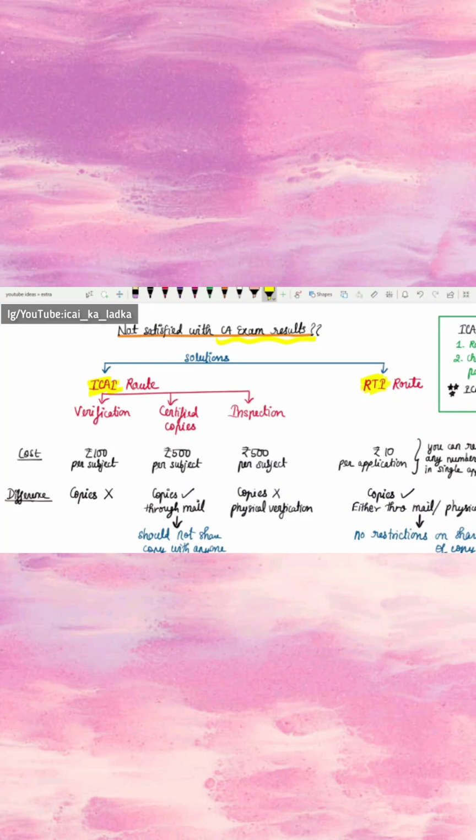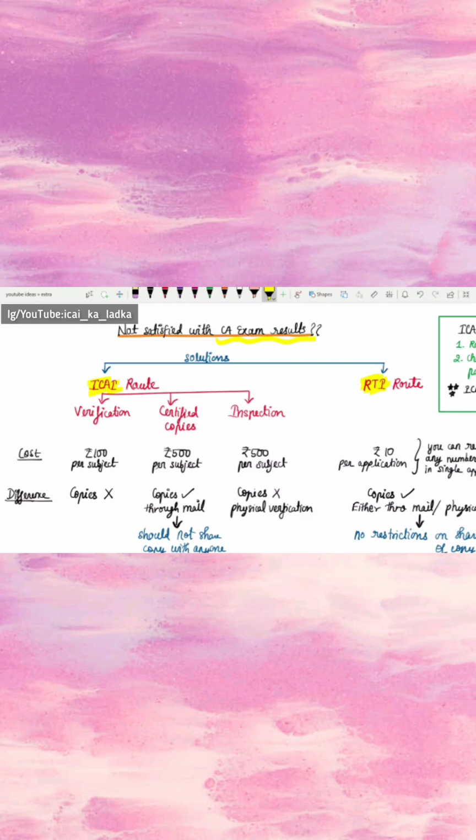ICAI, the Institute of Chartered Accountants of India, provides three options to see your answer sheet, and there is also another route known as the RTI route. Today I am going to explain in detail the differences between these two routes and how each option is different from one another.